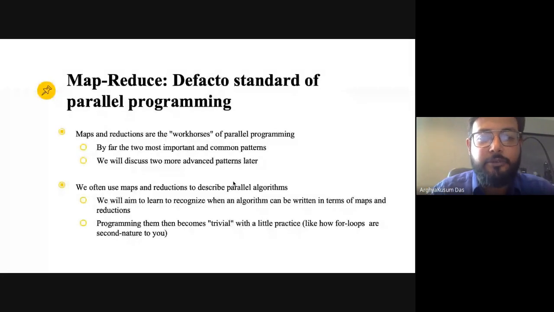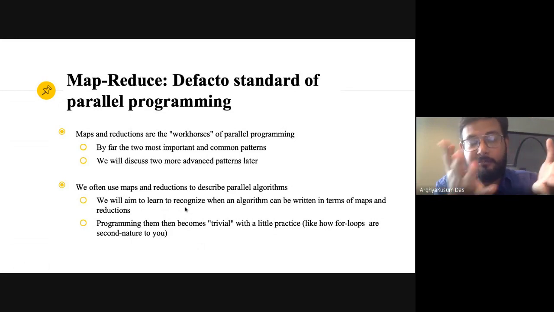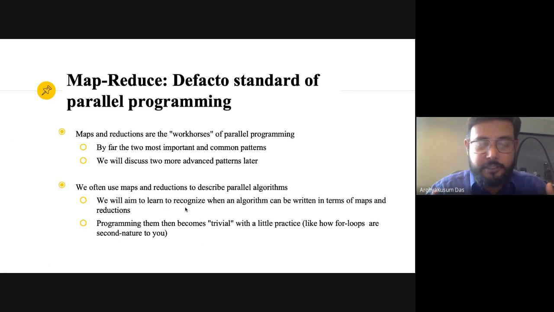We often use maps and reductions to describe a parallel problem. For example, we will aim to learn to recognize when an algorithm can be written in terms of map and reduce.